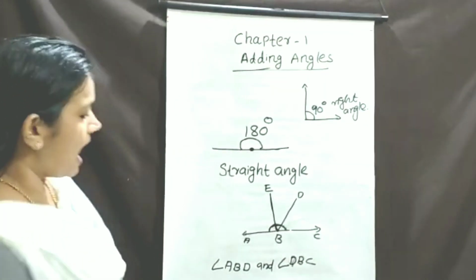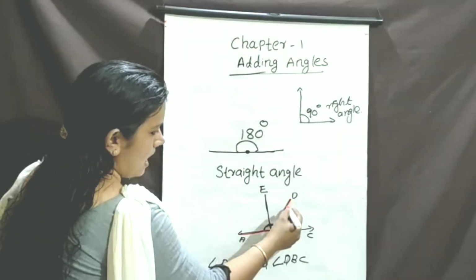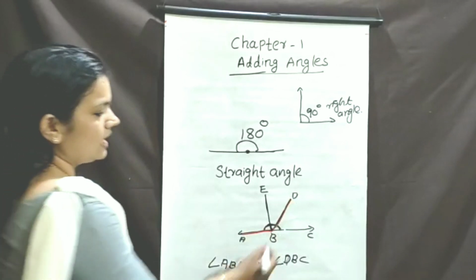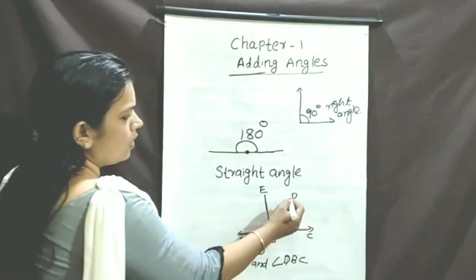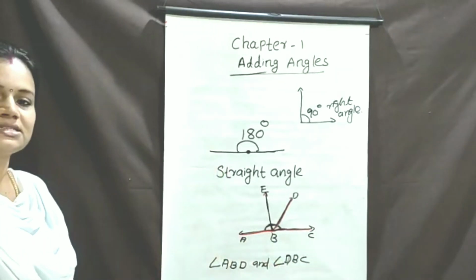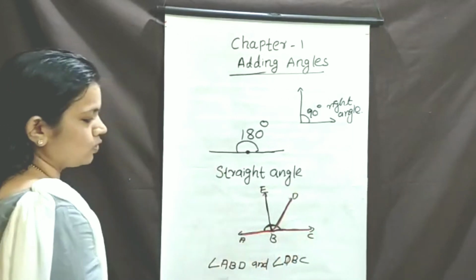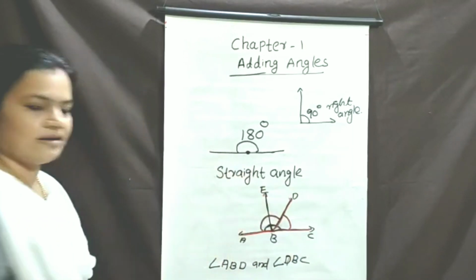This angle ABD and angle DBC. What is the relation between these two angles? We want to find out this angle and this angle.